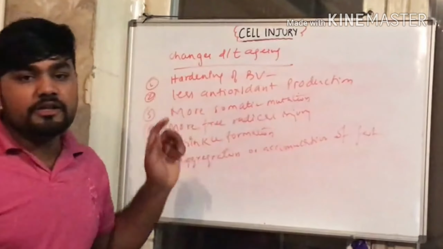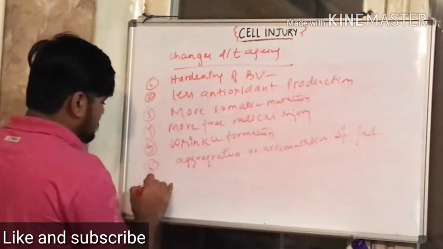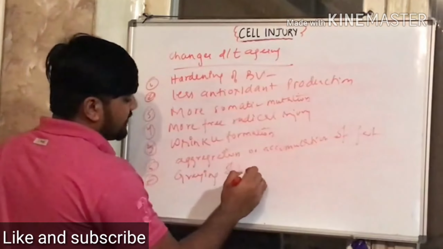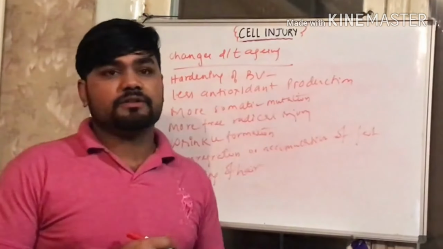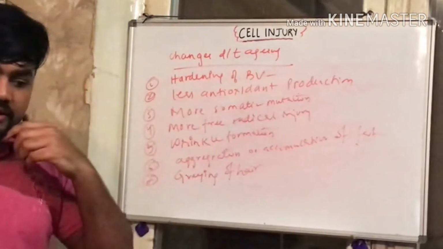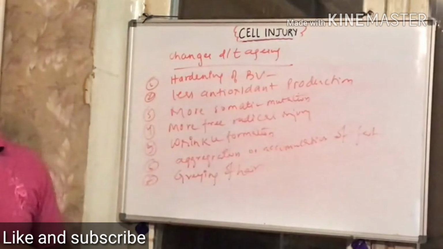This is also a sign of aging. Next one, seventh one, is graying of hairs. You can't say that hair becomes white after aging. It's better to say that graying of hairs in the head region and the beard region is a sign of aging, or these are the changes due to aging.